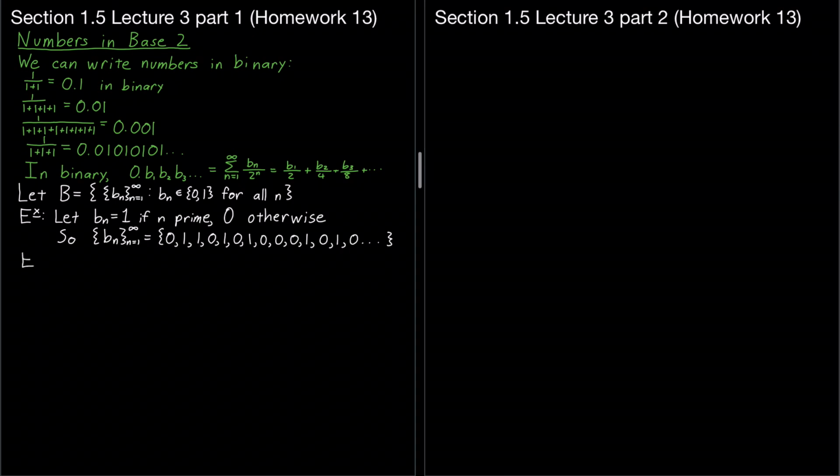Another example would be 0, 1, 0, 1, 0, 1. So Bn is 0 if n is odd, 1 if n is even.